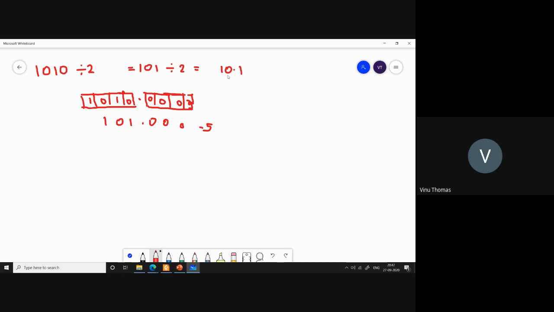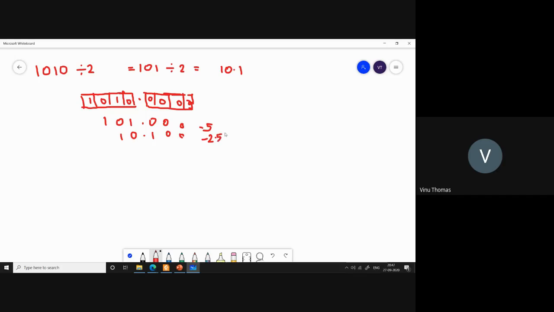Which is 2.5. 10.1 is 1 into 2 raised to 1 plus 0 into 2 raised to 0 plus 1 into 2 raised to minus 1, which is 1 by 2. So 2 plus 0.5. So that is 2.5. For that, I only need to shift this again by 1 bit. So this becomes 10.1, 0, 0, etc. So this is 2.5.